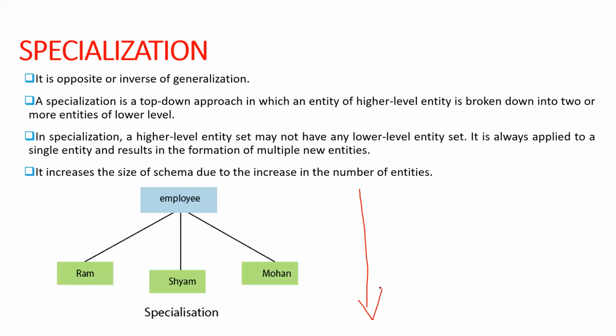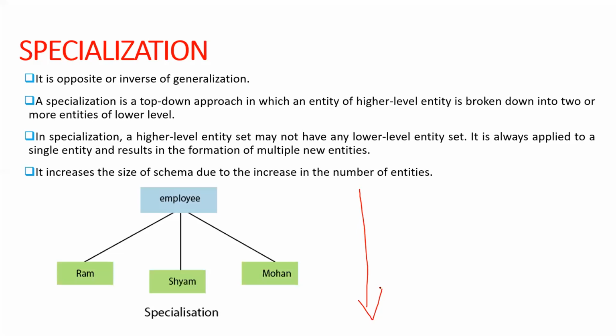So this system is called the top down approach. This is the process of specialization in the enhanced entity relation diagram. Okay, this is called specialization.